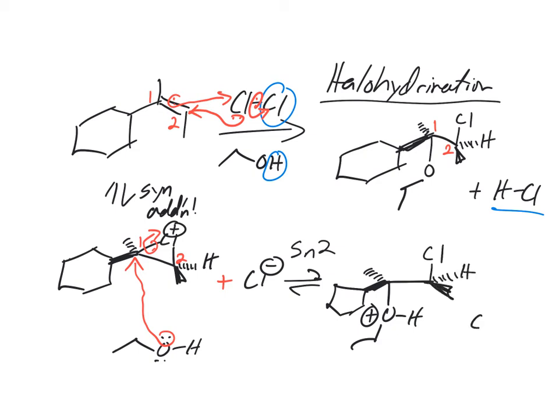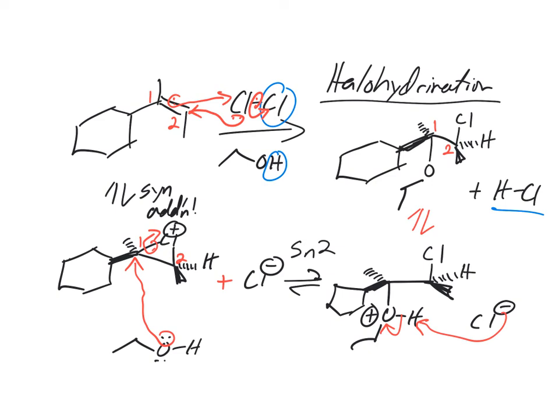There's an H, and Cl minus is still floating around. And the last thing that happens, the chlorine takes that, and that would give us one of our enantiomers. But you draw the other enantiomer as well, where this is up and the chlorine is now down. That'd be the other version of this.